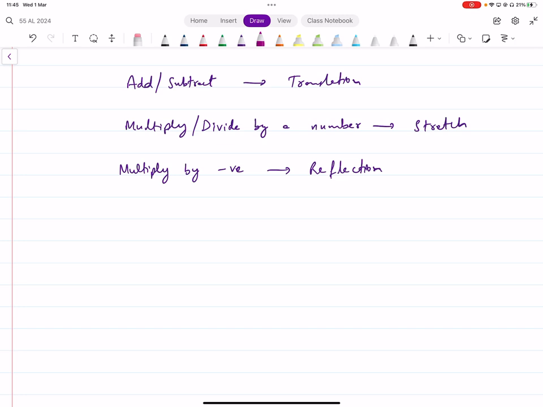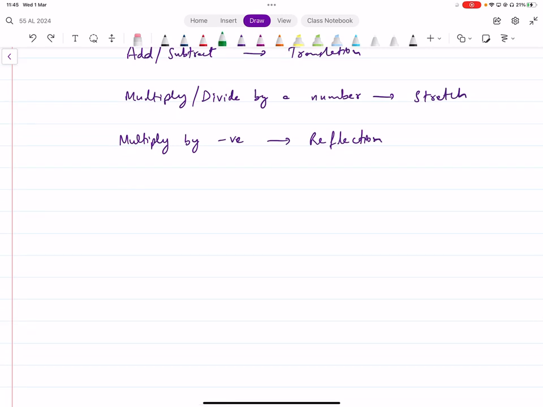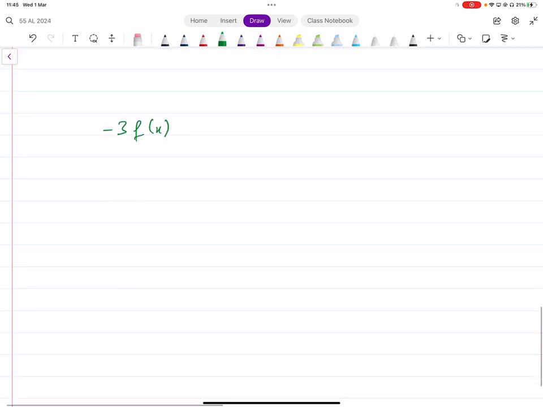What if I have something like this? F of, or let's say minus 3 f of x. So you have a function y equals f of x, and let's say when transformed, it becomes minus 3 f of x.